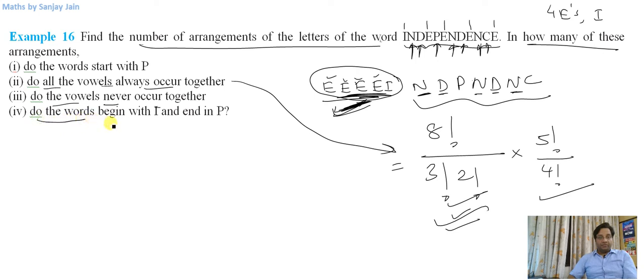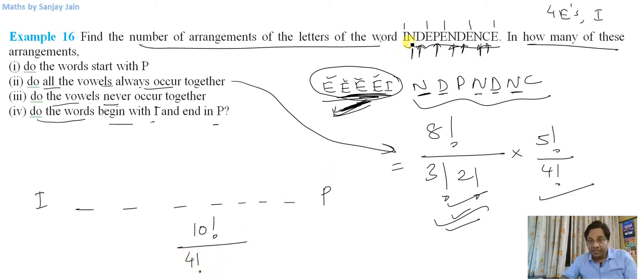Do the words begin with I and end in P? So in this, I'll fix the first position and the last position. Out of these 10 intermediate positions, I'll arrange the letters as 10 factorial, but then I'll have to divide it by how many E's were there? 4. So 4 factorial.